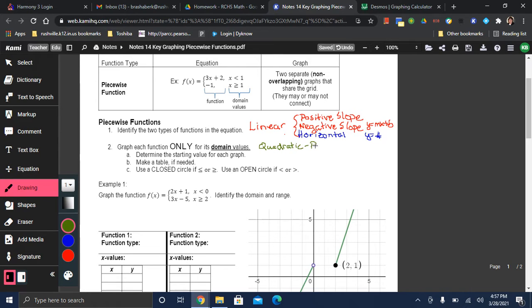So the quadratic will be in the shape of a parabola. Usually you'll just see part of it, and you would be looking for the x to have an exponent of 2. So when it says the function type, these are the 4 choices that you're going to have.